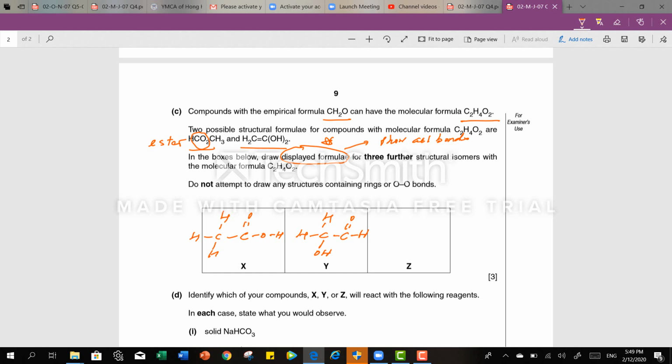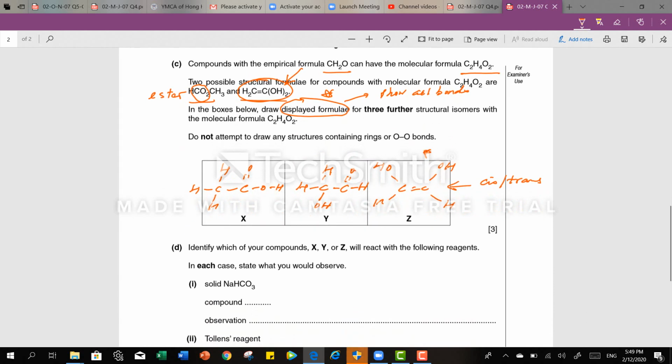So let me try. 1, 2, 1, 2, 3, 4. So the last one will be this one, alkene. Now, you see that the two OH groups are on the same side, right? So it doesn't exhibit cis-trans isomerism. We can basically move one to the other side, so that it becomes another compound. And this one can exhibit cis-trans isomerism.